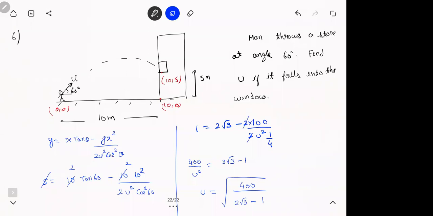Here, next one. We have a stone here projecting with 20 root 2 meters per second at an angle of 45 degrees.